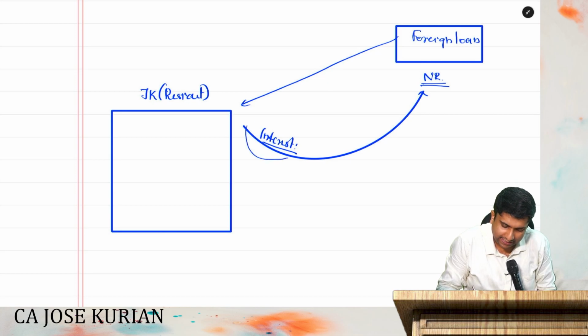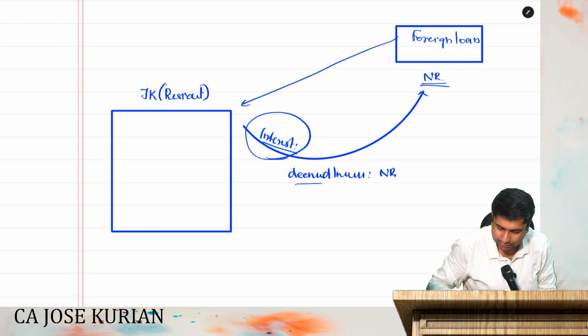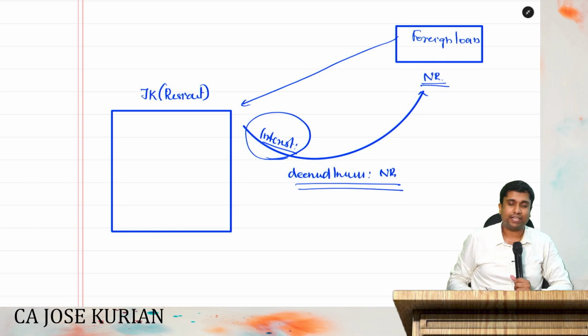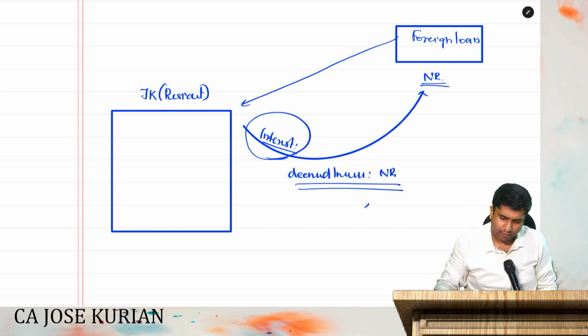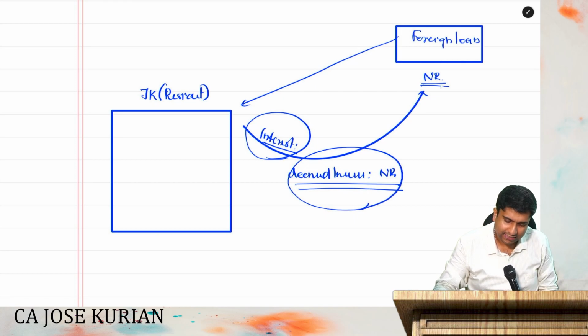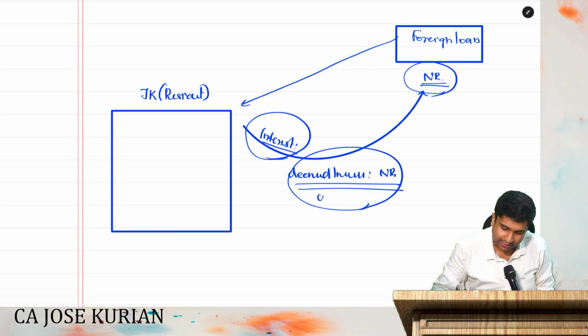So this interest payable by JK shall be deemed income in the hands of the NR. So this interest income is definitely taxable in India in the hands of the non-resident according to section 9.